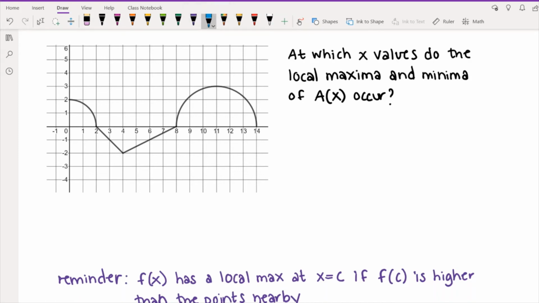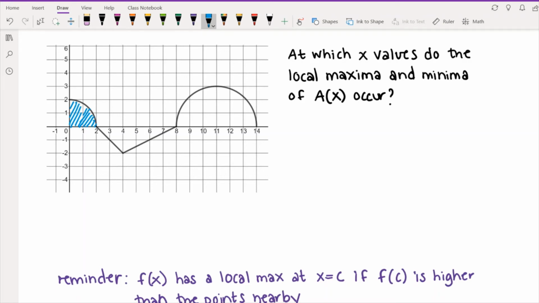So let's say that you're plugging in 1 or 2. If you're plugging in 1, so A of 1, that would be this area here. So that would be a positive area. And then if you keep going and do the area up until 2, that's still positive.